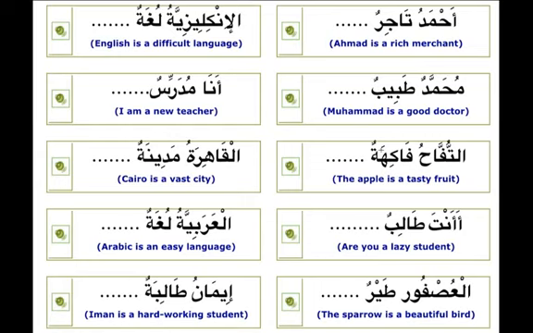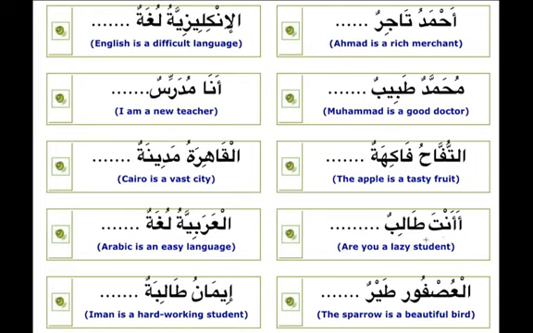But we have to use a feminine word, so we say lazizatun. If you have to say ad-dajaju, dajaju is a masculine word, so you say ad-dajaju lazizun. But you say at-tufahu fakihatun lazizatun, because we are using a feminine word here.